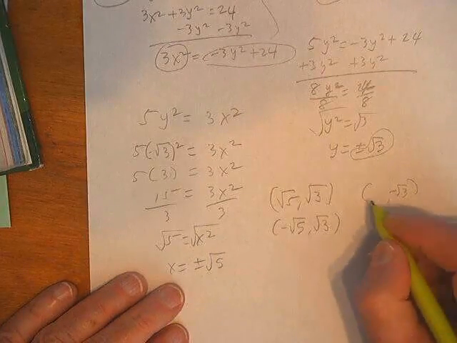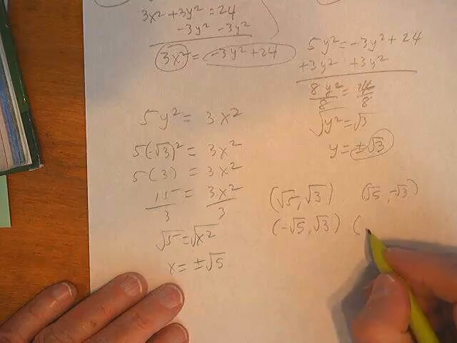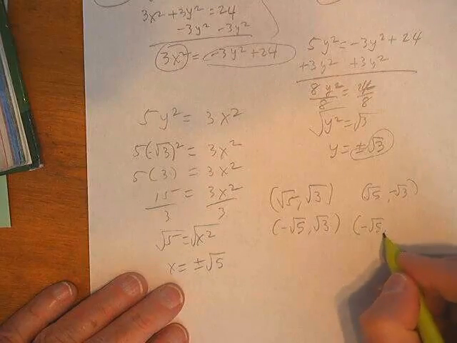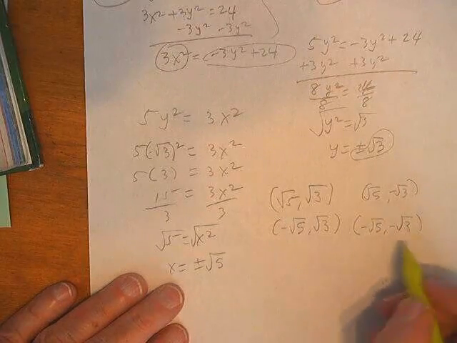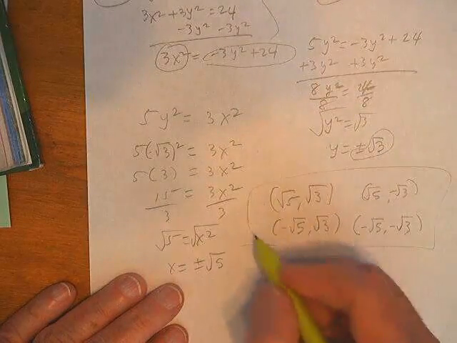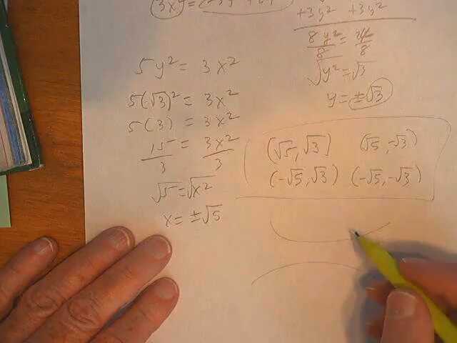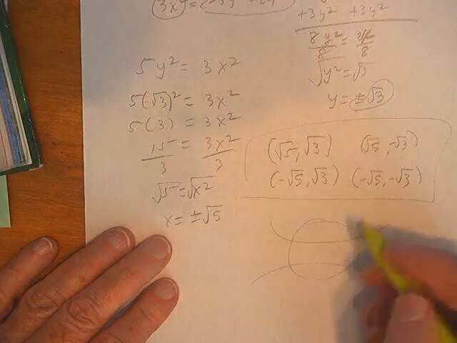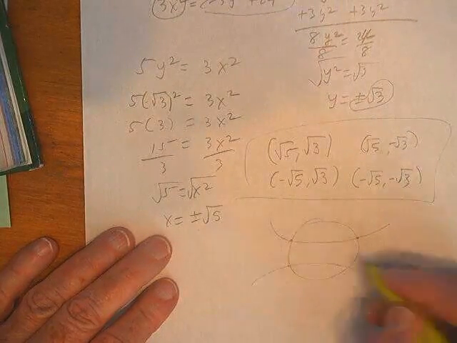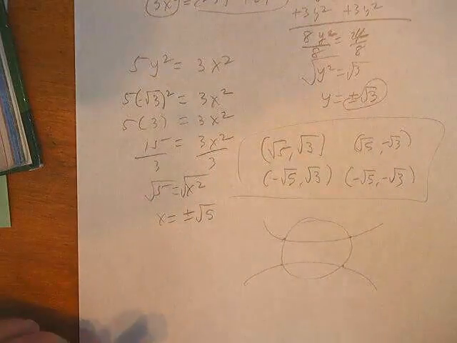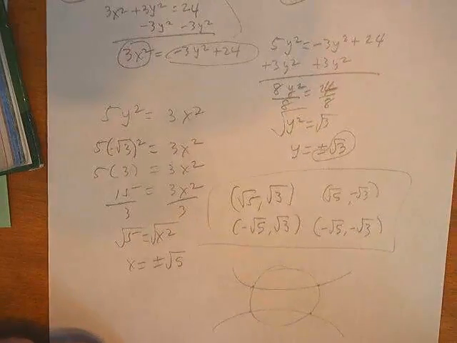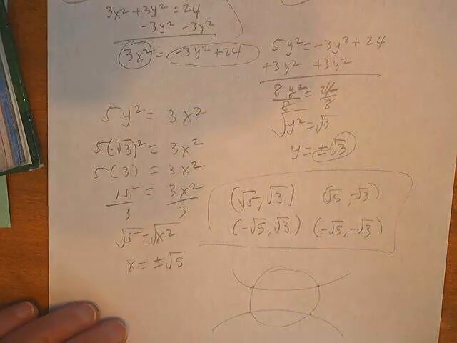So a negative root 3, I'm going to get the same 2 answers. I mean, hyperbolas are like this. Circles are like that. I'm not surprised we crossed at 4 points. Okay, and there we go on 22.